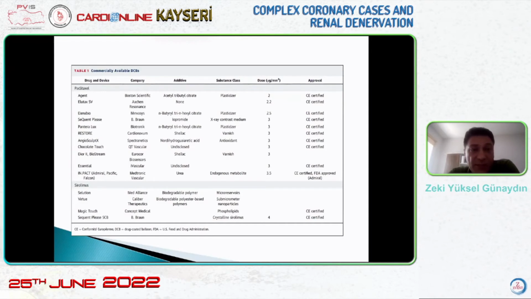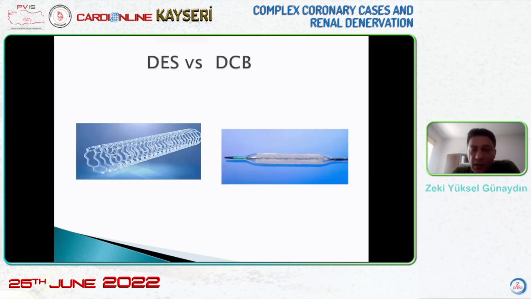And also in the markets, the available medications are these 12 or 13 drugs, and the companies are already written, and of course the CE mark is the European mark, and the FDA approved one is Medtronic, which can be found in the market.